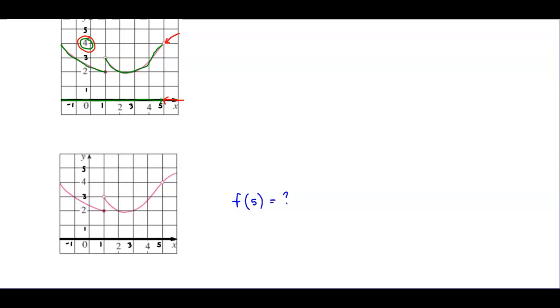Okay, well, here's x. And if we look at the value here, we have a hole. So that means the value does not exist. So therefore, we do not have an output. It is therefore undefined. So f of 5 is not defined, so it doesn't exist.